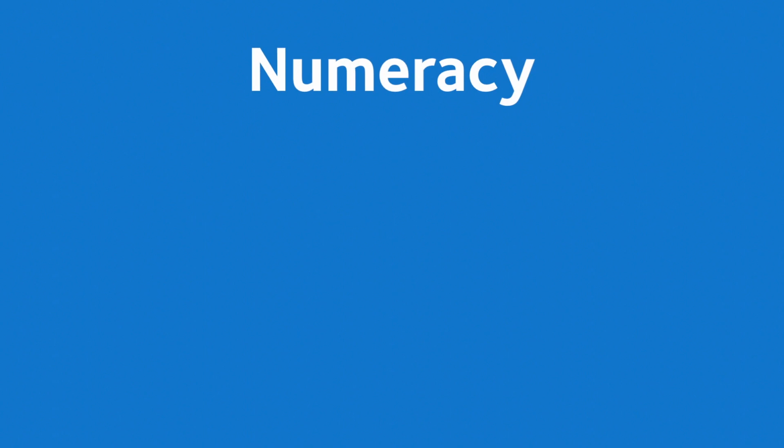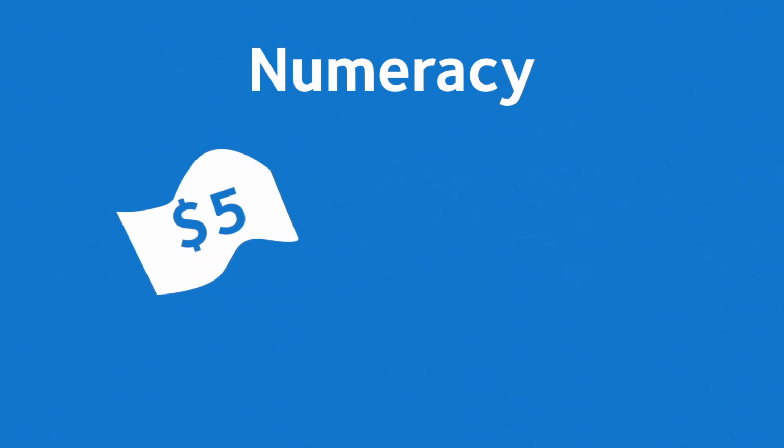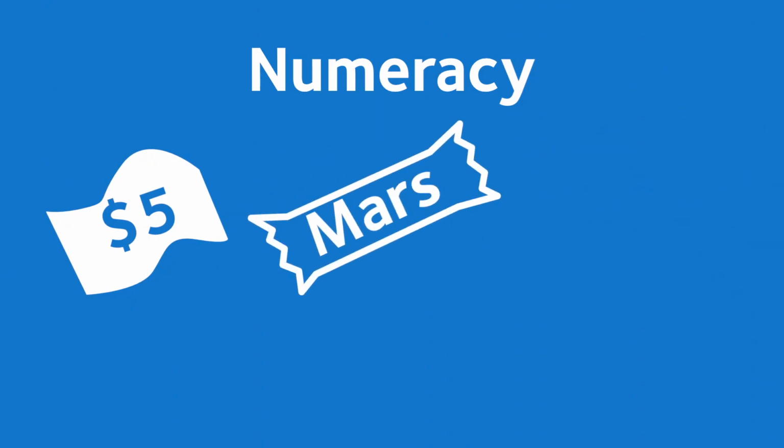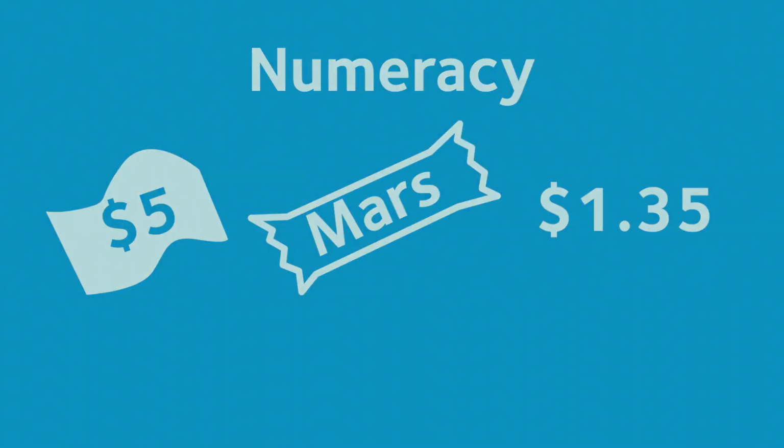However, when we think about numeracy, if I say to you, here's $5, go and buy a Mars bar. Now we know the Mars bars are on special this week. It's $1.35. You can see the numbers are exactly the same. 5.00 is our $5 and 1.35 is $1.35. So what happens now? You think about how you would work that out.